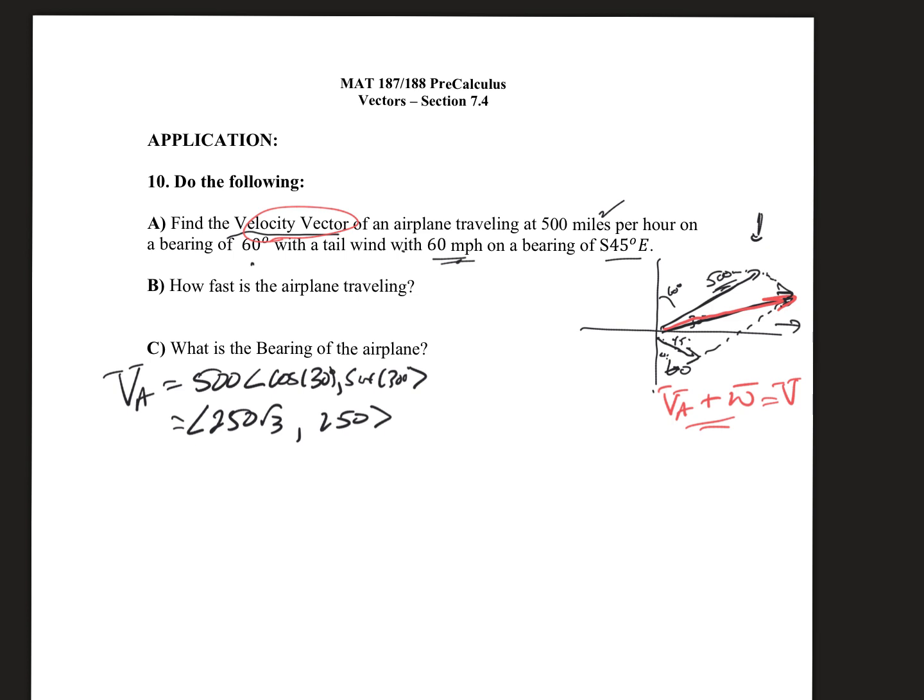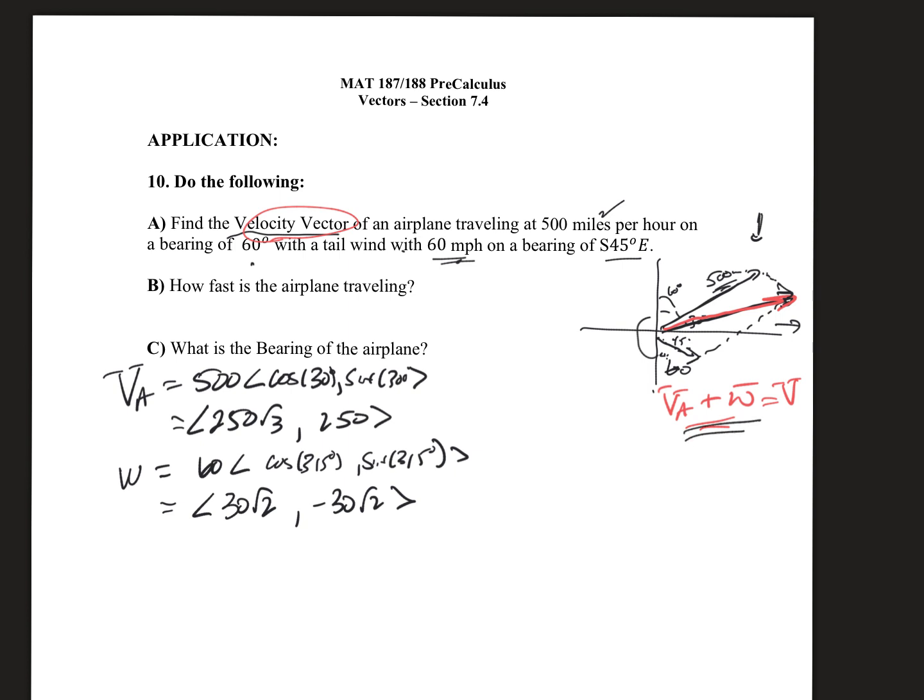And then we also found the velocity of the wind. That was 60, and we're talking about 315 degrees: 60 times the cosine of 315 degrees, the sine of 315 degrees. What we found there is 30 square roots of 2 and negative 30 square roots of 2. So there's our velocity vector for each one.